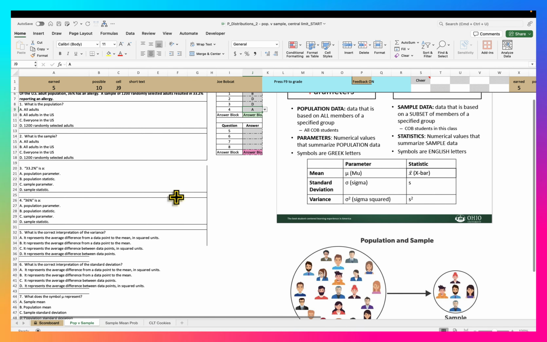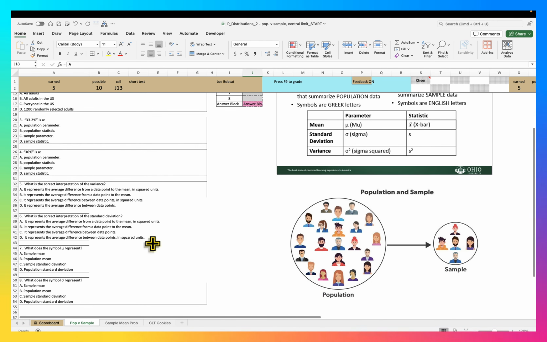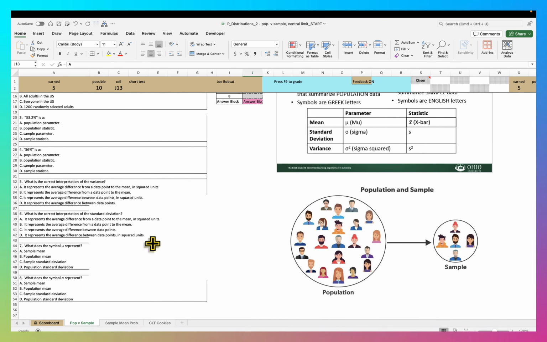What's the correct interpretation of variance? Well, variance is the squared standard deviation. So look for the one that's talking about squared units. And it looks like it would be A. And what's the correct interpretation of the standard deviation?